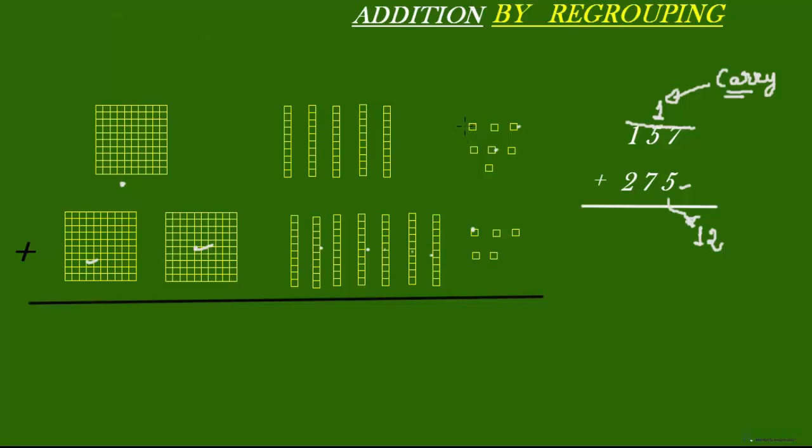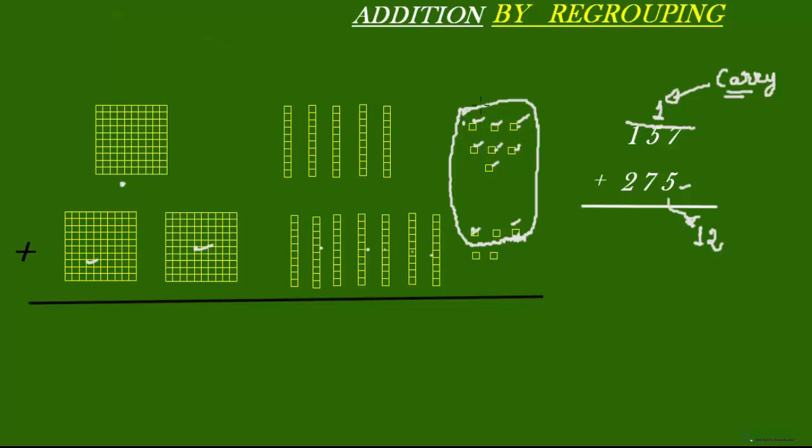So here basically what we are doing is grouping the total number of smaller blocks into a group of 10 first. So 1, 2, 3, 4, 5, 6, 7, 8, 9, 10. So we are grouping these into 10 blocks. We have grouped these smaller blocks into 1 tens block.